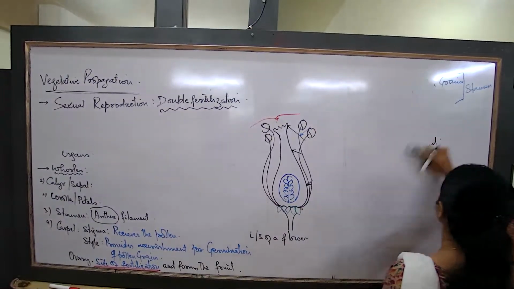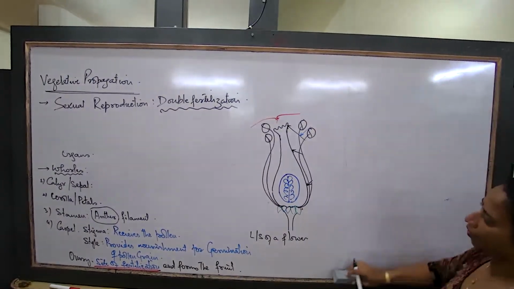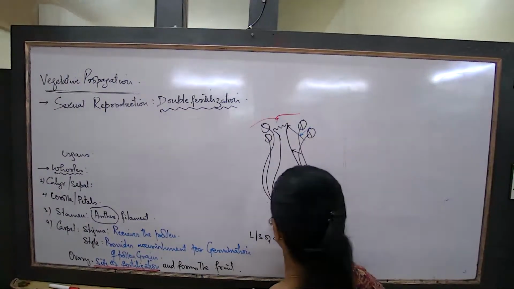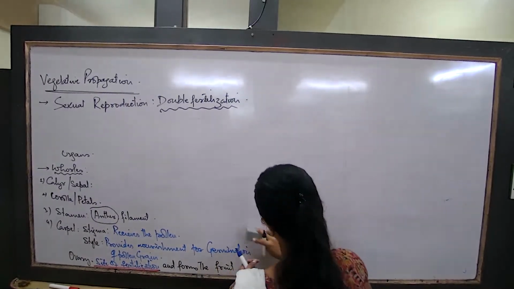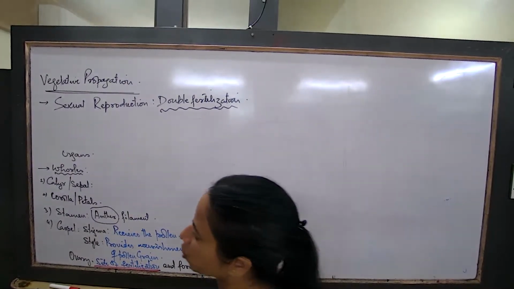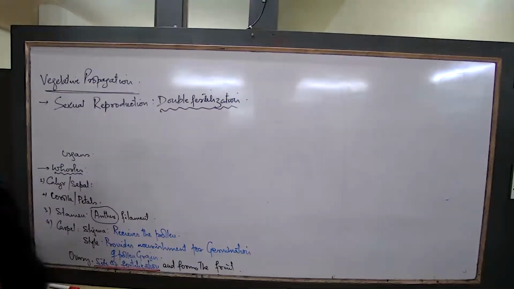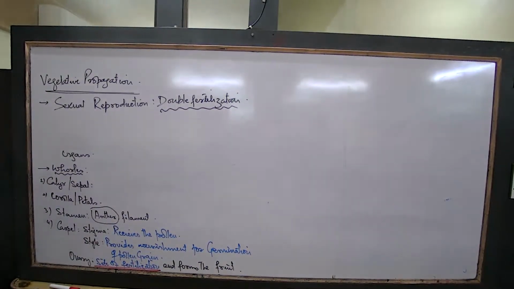I repeat, the process in which fusion of gametes takes place in the same ovule twice is known as double fertilization.